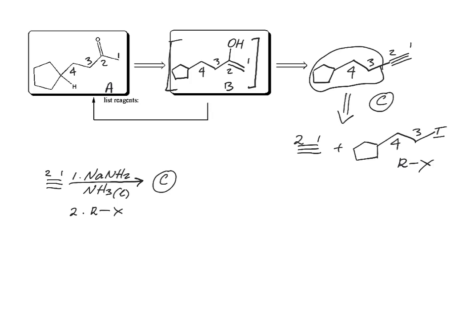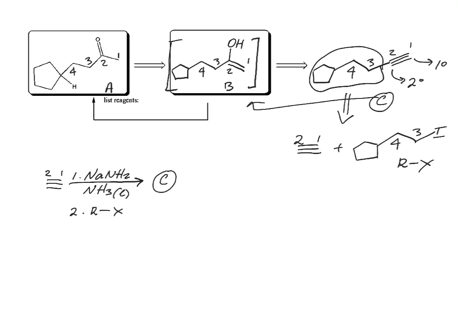Going forward then from C to B, we're adding water. That's a hydration of the triple bond. Notice that the hydration is proceeding in the Markovnikov orientation, with the OH adding to the more highly substituted secondary carbon, and hydrogen adding to the primary carbon.